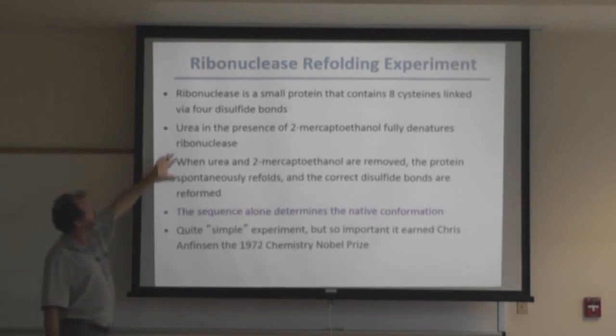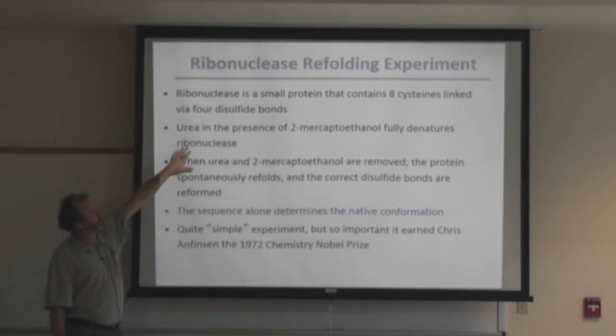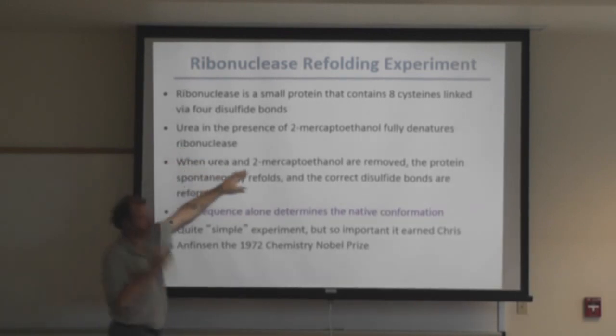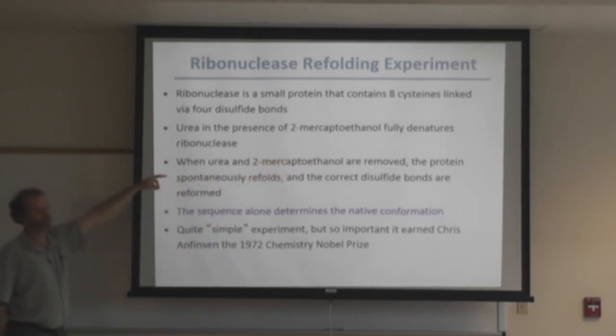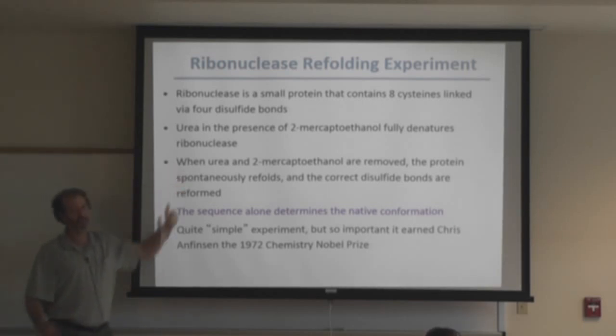So what they did is they added urea in the presence of 2-mercaptoethanol. You guys know what 2-mercaptoethanol is, or beta-mercaptoethanol? Yeah. It's that stinky stuff, right? Yeah, so that beta-mercaptoethanol has a sulfhydryl group on it, and it'll basically react with the disulfide bonds and reduce those back to sulfhydryl groups.